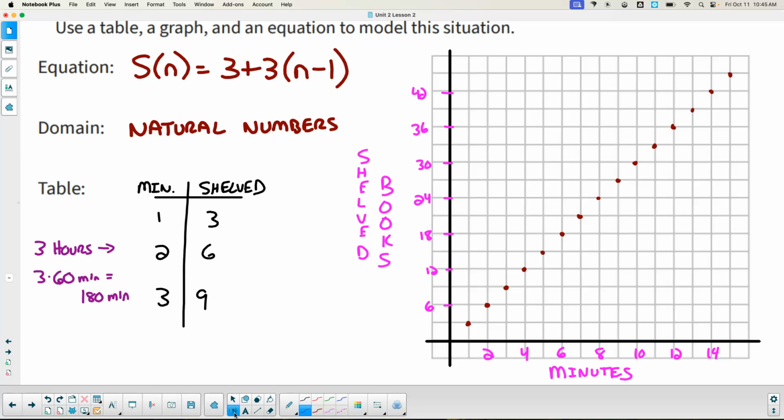And so what you've got to do is plug in 180 into your equation to find how many books she shelved in 3 hours. So then that would be 3 plus 3 times 180 minus 1. 180 minus 1 is 179.